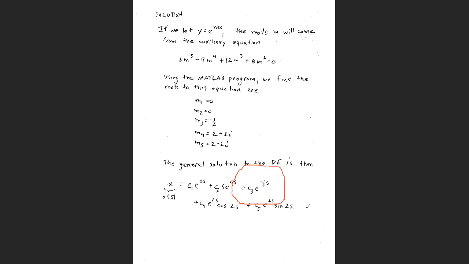And then I have m3 equals -1/2, so that's going to be e to the -1/2 s. And then finally, I have the two complex roots, and that forms this portion. These are the solutions here, e to the 2s power cosine of 2s, and e to the 2s power sine of 2s. Okay, so let me give you a moment to copy that.